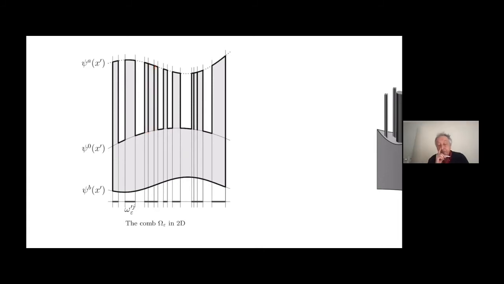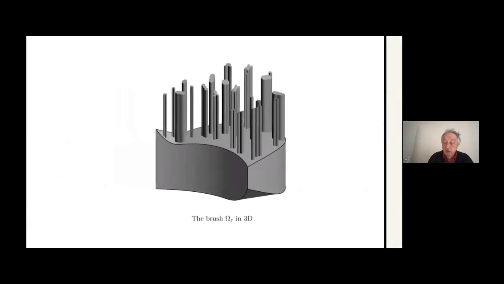So no regularity: the teeth are disjoint, the cross-sections are not smooth, and the teeth can be adjacent, so have a common part of the boundary.